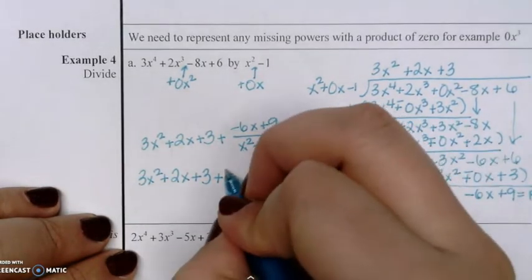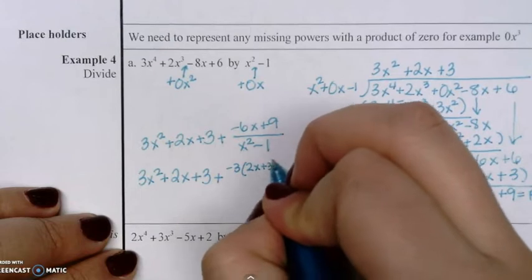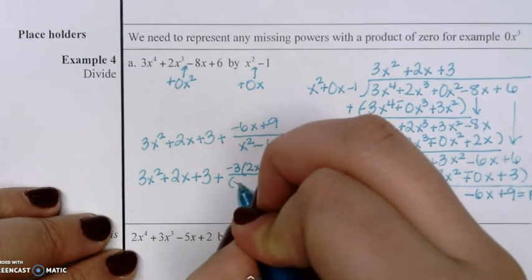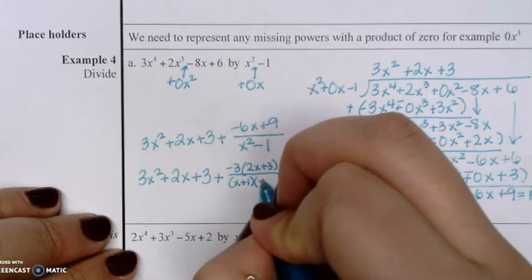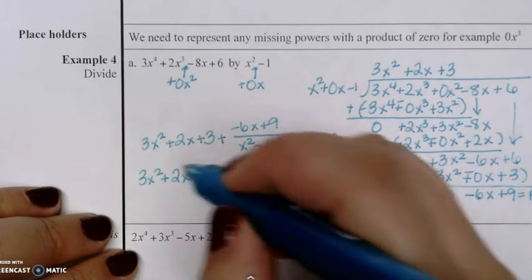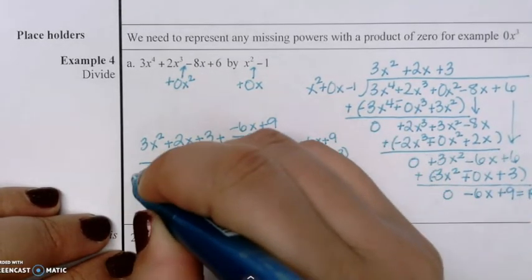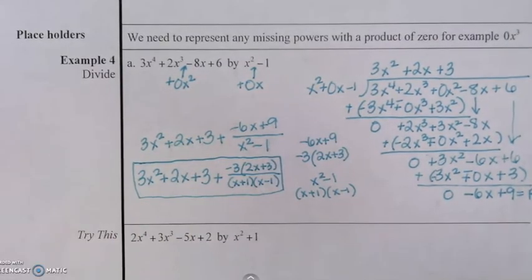So I can write this as negative 3 times 2x plus 3 divided by x plus 1 times x minus 1. That doesn't simplify any further, so I know that I'm done. And that whole thing altogether is our quotient. Go ahead and do the try this, and together we'll look at the next page, so go ahead and pause the video now.